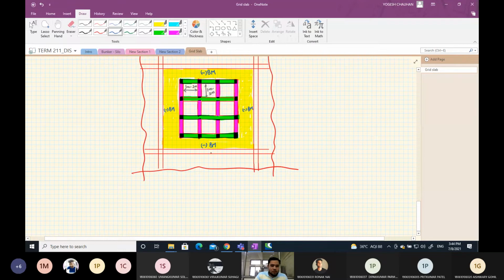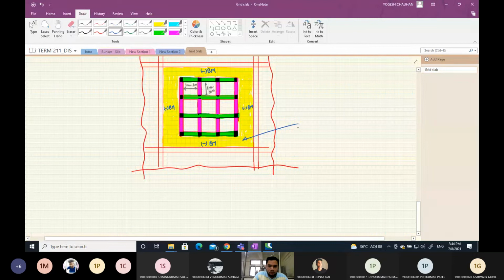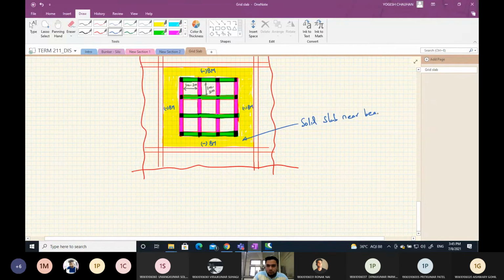So such a combination can also be done if the negative bending moment is more. So here we provide the solid slab near beams, and these are the grid slab.